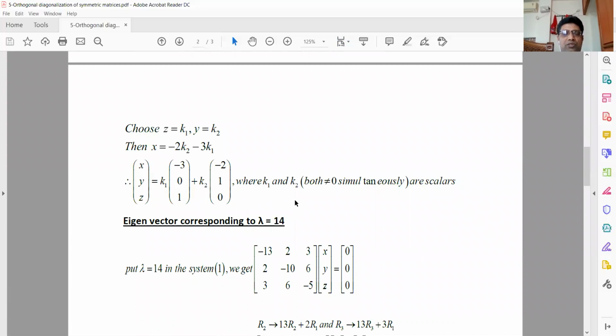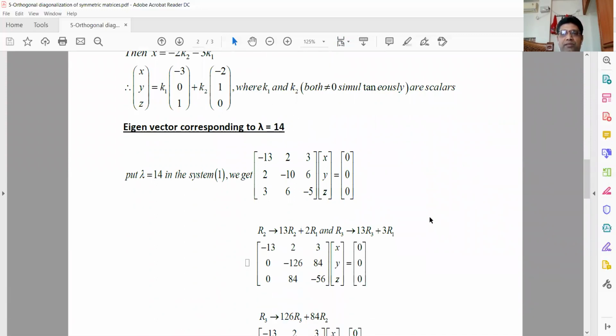If they are equal to 0 simultaneously, we are left with the zero vector, which is not an eigenvector. Therefore, k1 and k2 must not be equal to 0 simultaneously. So, if I want one eigenvector here, I will choose k1 is 1 and k2 is 0, so that I will get one eigenvector. Next, I will select k1 is 0 and k2 equals to 1, and I will get the other eigenvector.